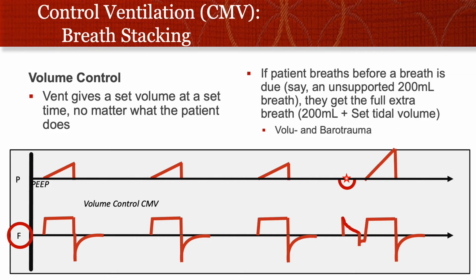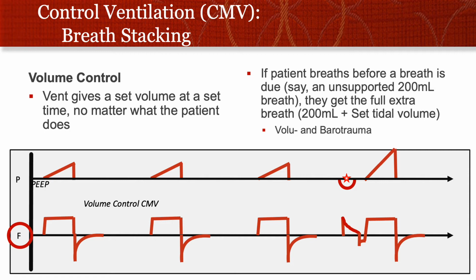The problem with control ventilation is that you can breath stack, and that means that you breathe independent of what the vent is doing. So let's take volume control. The vent again is tapping out, giving 500 ml tidal volumes every 6 seconds at whatever respiratory rate you've picked.